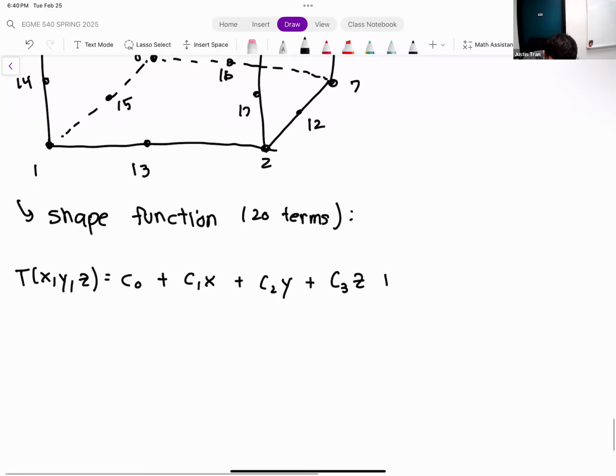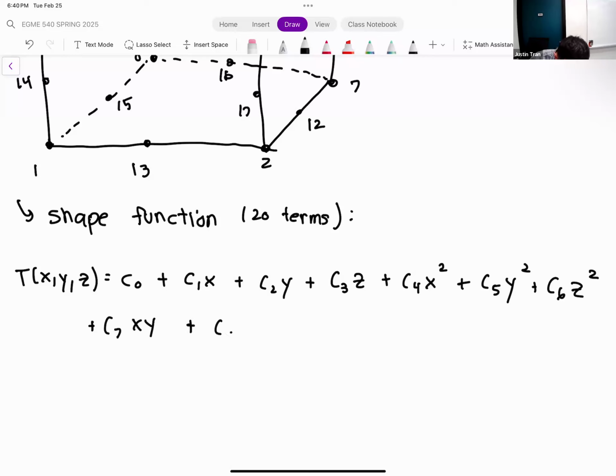Then we have the straight quadratic terms, so C4x squared, C5y squared, plus C6z squared, plus C7xy, C8yz, C9xz. Okay, so those are all the pseudo-linear terms of the first order. How many do we have now? We have 10. Halfway there.